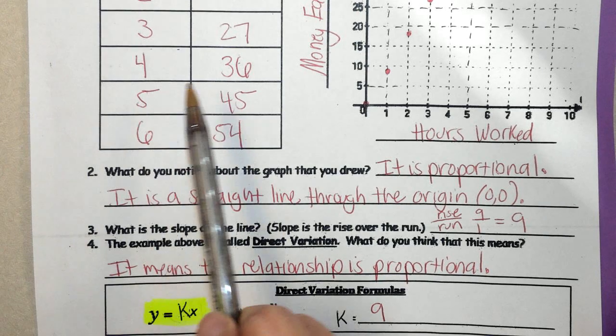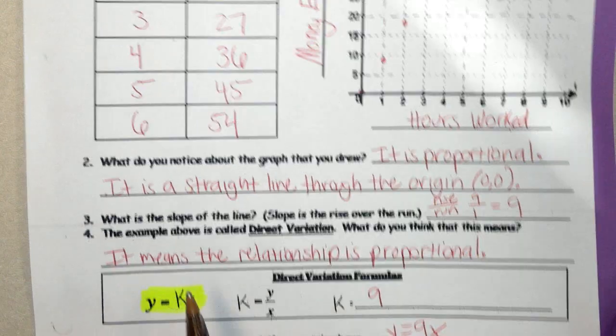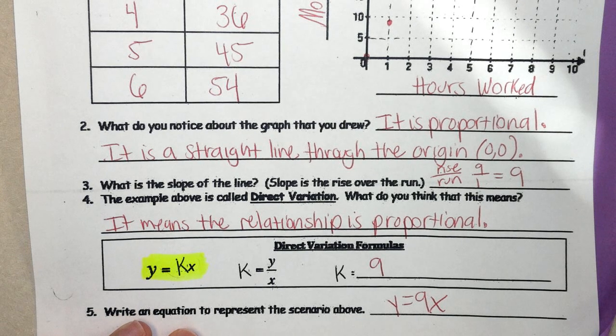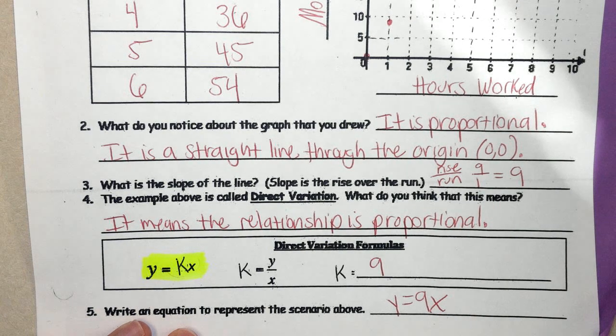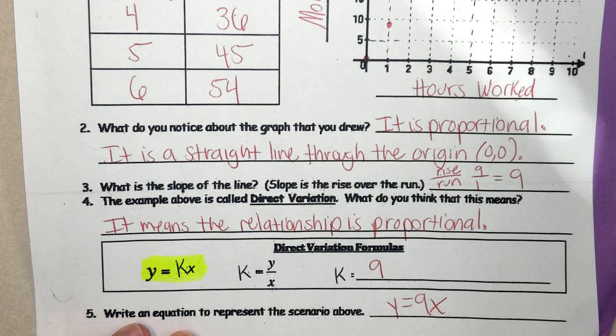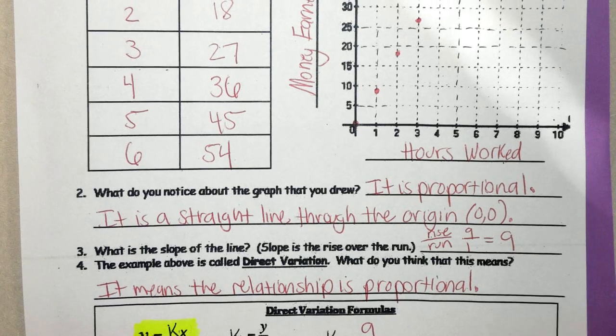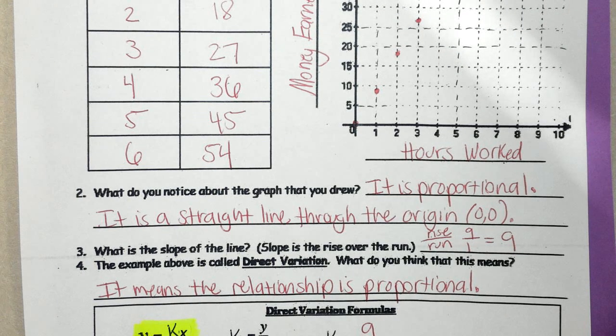So y equals kx. You were already doing it. You just weren't thinking about that you were making an equation with it. Okay? So now that we kind of understand what a direct variation is, we're going to start our actual notes for today. Here's the actual notes for the day.